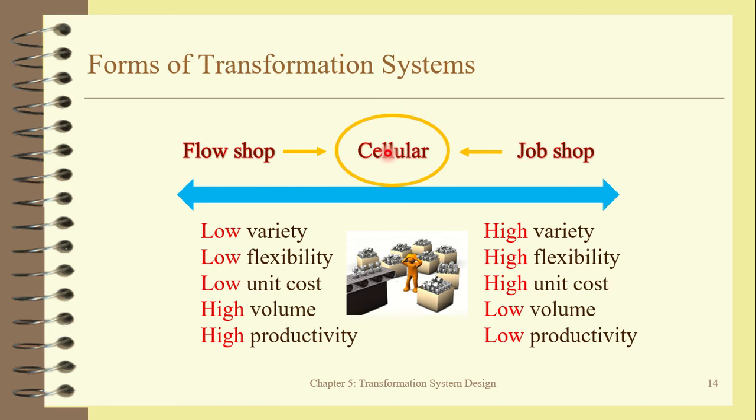They can enjoy moderate cost saving or high productivity of the flow shop, and they can enjoy moderate variety of the job shop. We will come back to this slide later.